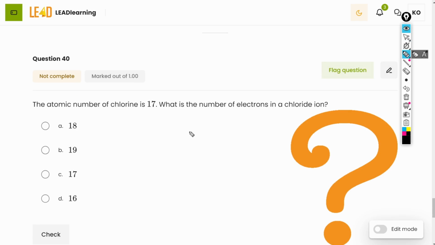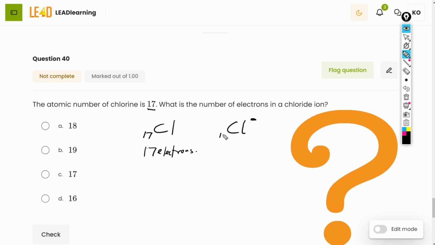Question 40. The atomic number of chlorine is 17. What is the number of electrons in a chloride ion? If the atomic number of chlorine is 17, it means that chlorine also has 17 electrons, since the number of protons is equal to the number of electrons. A chloride ion means that a chlorine atom has gained an extra electron, so it has a charge of -1.